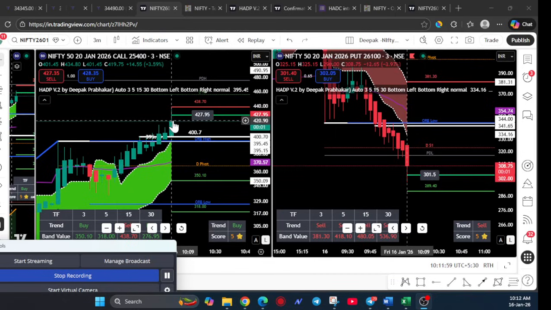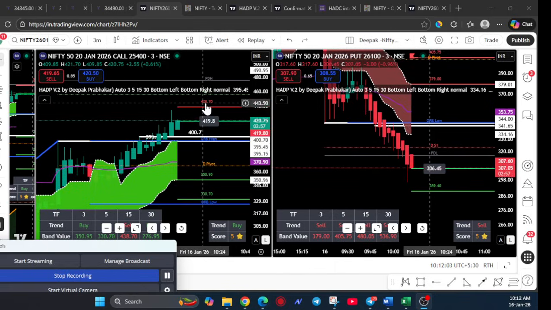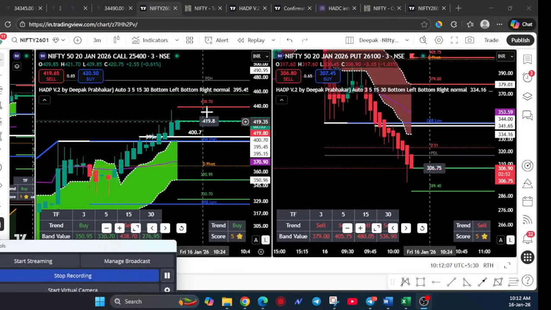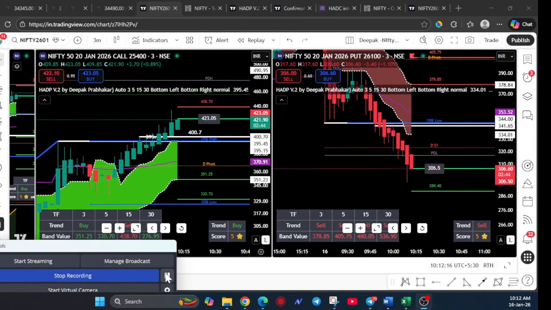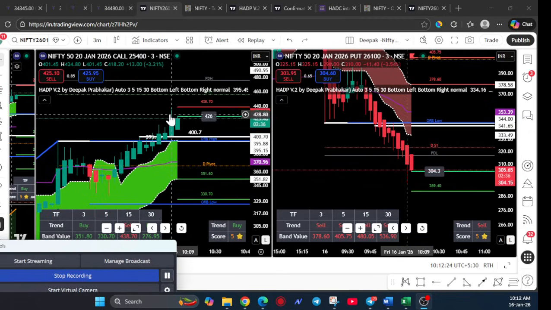So the remaining 20% you can put at your cost and leave it, or you book everything and get away with it, because the 15 minutes sell levels at 438.7 are almost reached, and we have almost reached 435, right? So for me, if I have to take a trade, I will exit everything and keep away, because my 15 minutes sell level is almost touched here.